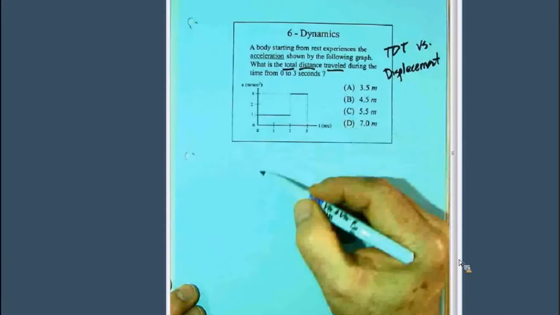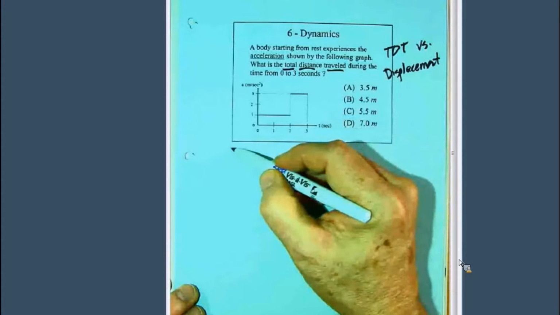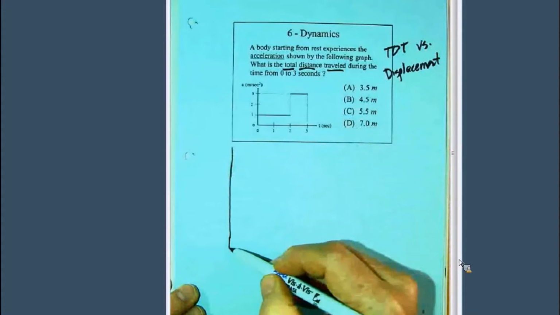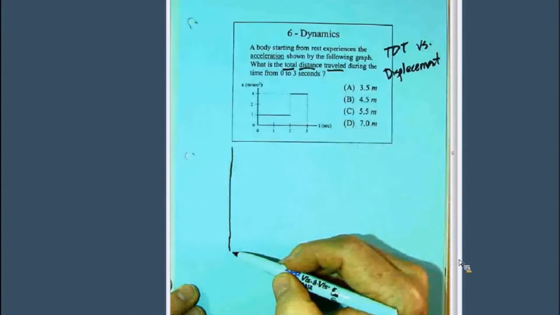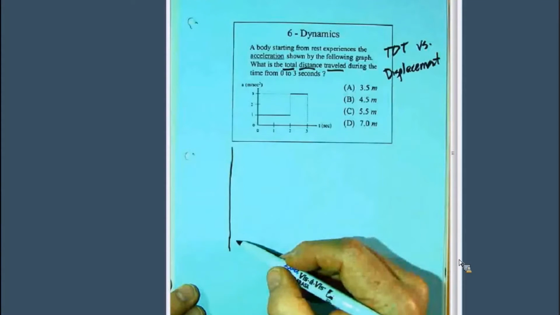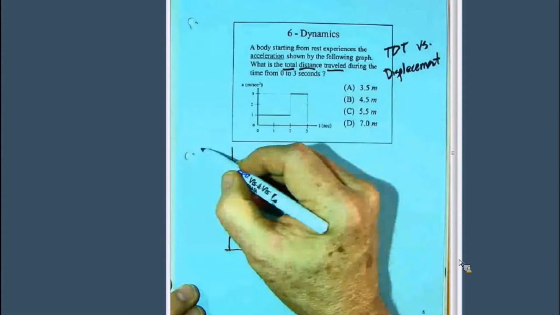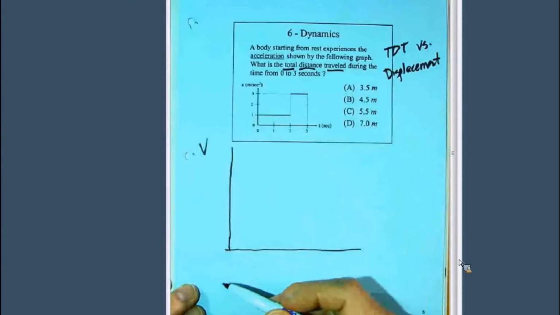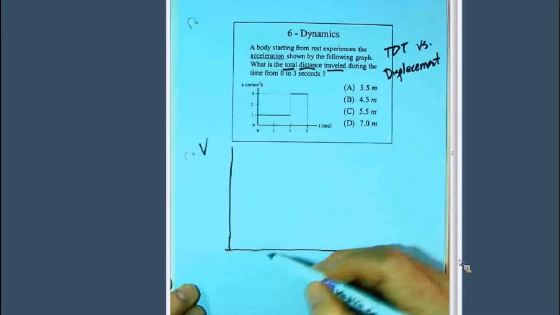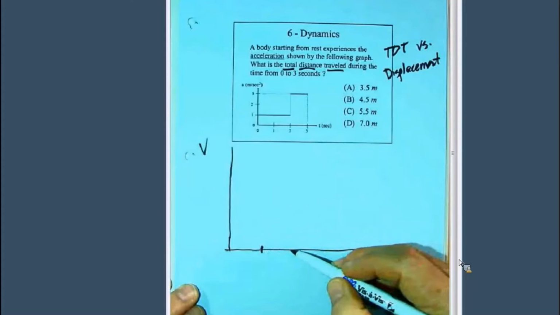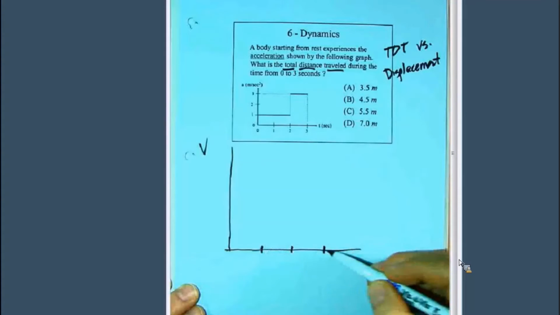So what I'm going to do now, remember, you have a very nice pad that they're going to give you. It has a grid, so you're going to be able to do this much easier than I am here, just kind of winging it. So I'm going to put velocity here, and down here I've got 1, 2, 3 seconds.